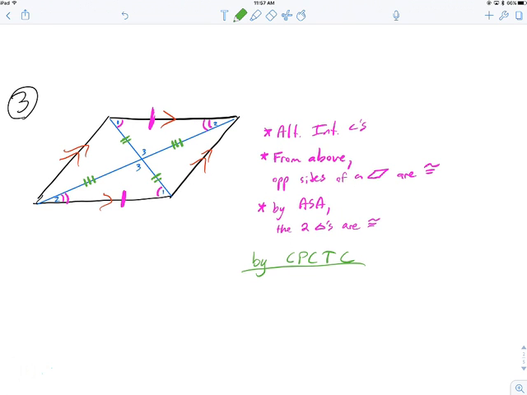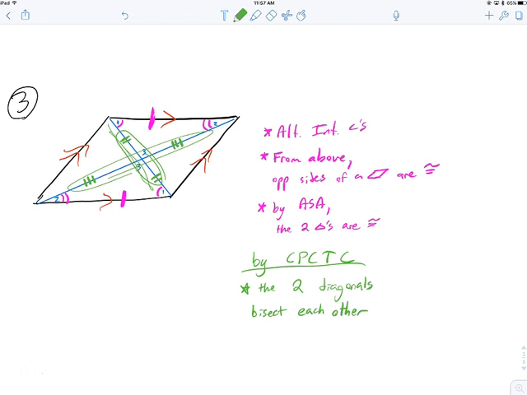Okay, so by CPCTC, we see that this diagonal this way is cut in half, and this diagonal is cut in half. So we could say that briefly as the two diagonals are cut in half, we use the word bisect, so the two diagonals bisect each other. Now notice the two diagonals might be of totally different lengths, right?